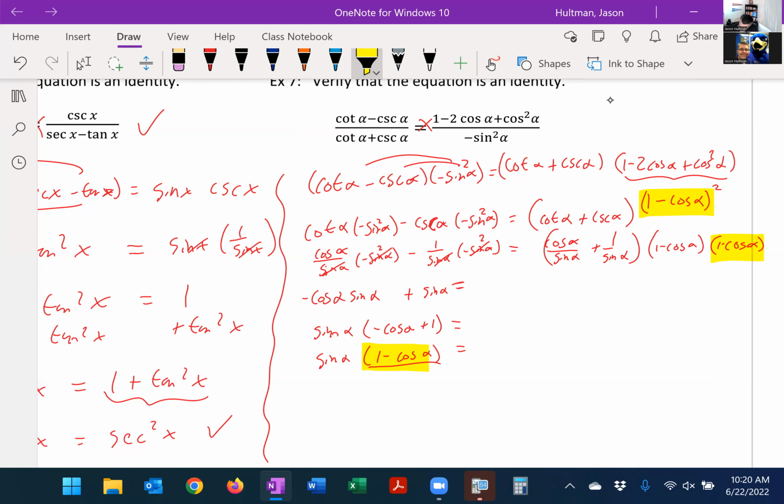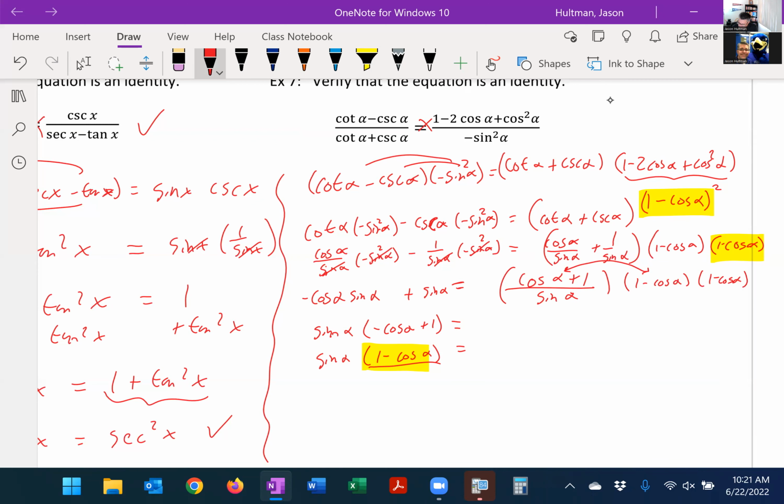Now I'm going to get a common denominator here, which is cosine alpha plus 1 all over sine alpha, times 1 minus cosine alpha times 1 minus cosine alpha. What I'm going to do is multiply these together.